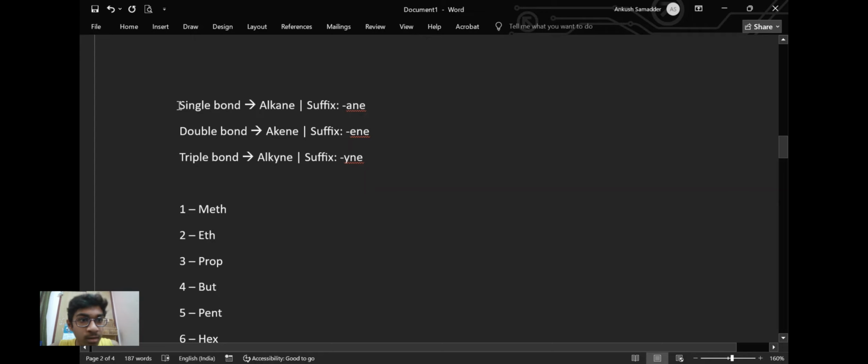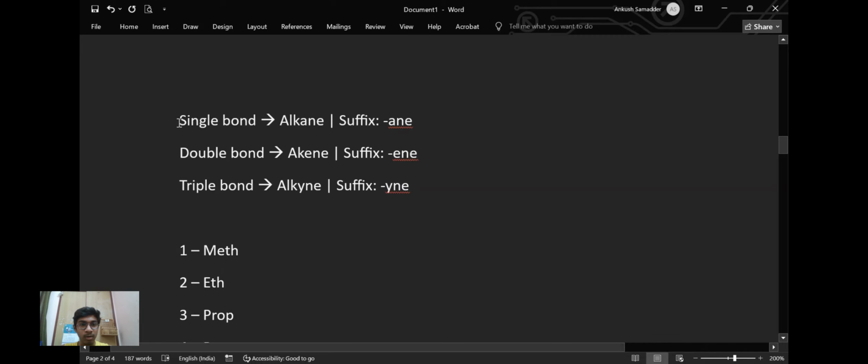here as it is written, when there is a single bond, alkane will be used and the suffix ane will be used. And as you can see, suffix ane is here, and when there is a double bond, alkene will be used. Actually there is a spelling mistake.